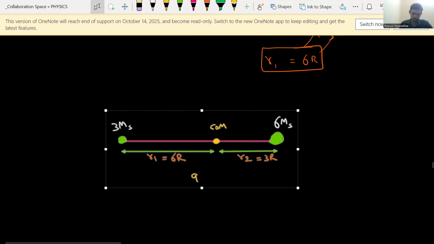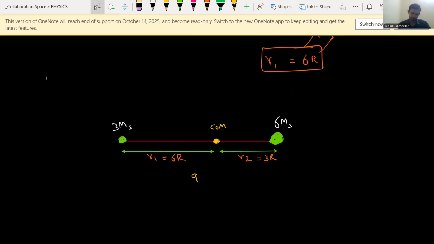Okay, now I'll do one thing. This also not required. Remove this. Okay. This 3 ms is revolving around center of mass. Now use gravitational force formula and centripetal force formula.